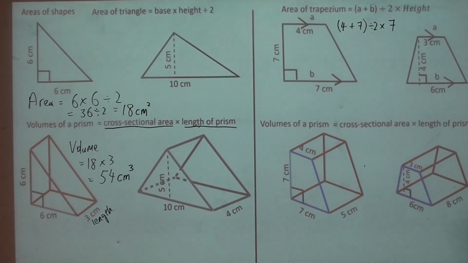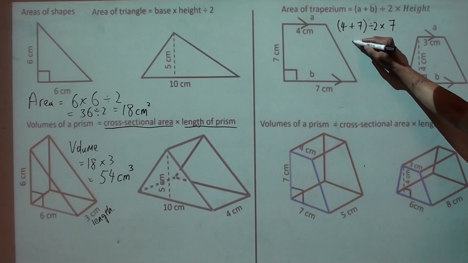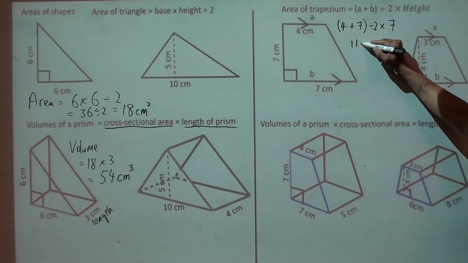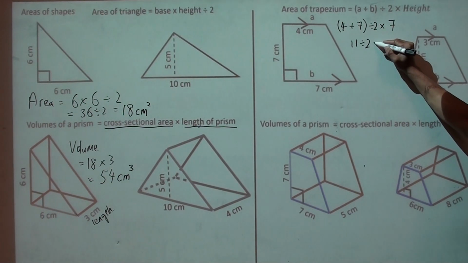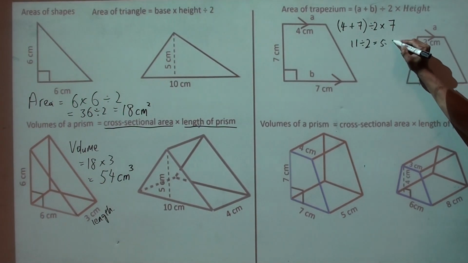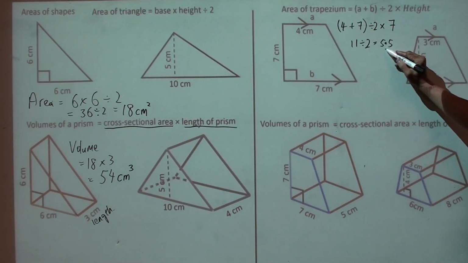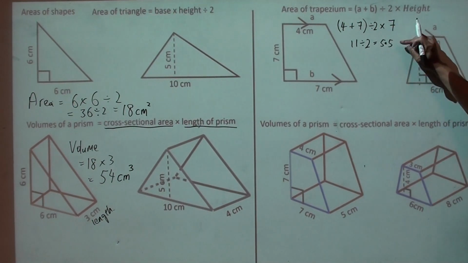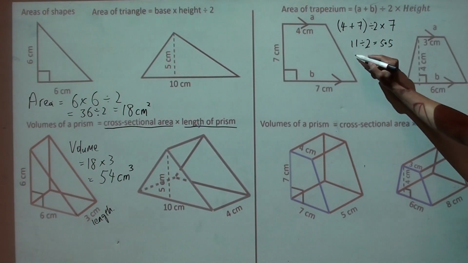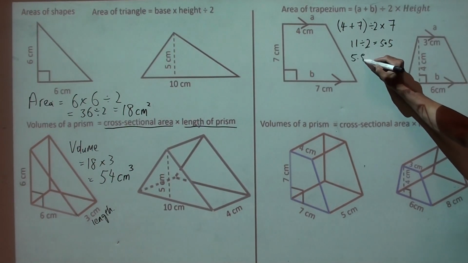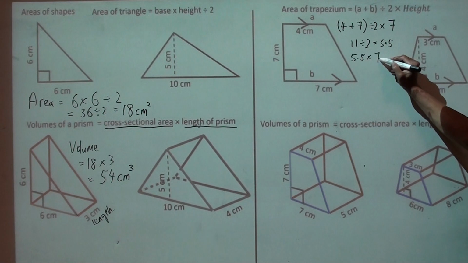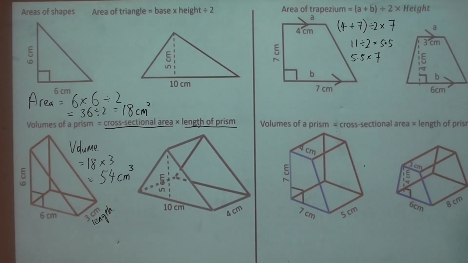7. Okay, so 4 plus 7 is 11. 11 divided by 2 gives you 5.5. After getting 5.5, you're going to multiply that by 7. So that's 5.5 times 7.